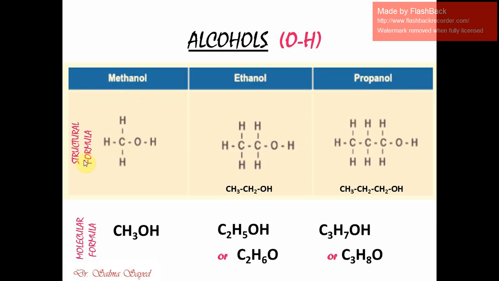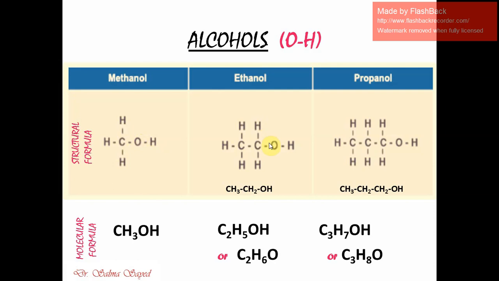Alright, we've also tackled different types of formula, and we said structural formula refers to the way the atoms in the molecule are bonded. So if I need to draw methanol, I will basically draw methane, which is CH4, and I will substitute one of the hydrogens by an OH group.